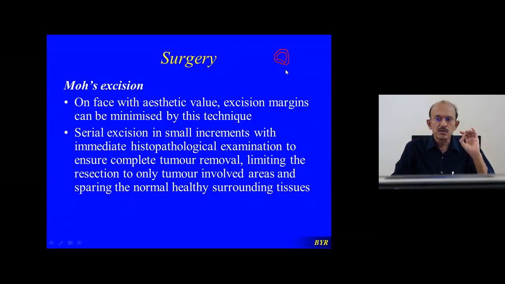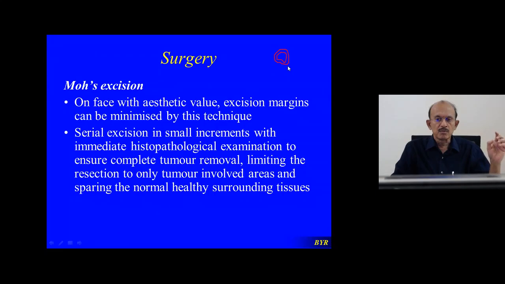If the pathologist gives a report that at 2 o'clock position tumor cells are positive, what does it mean? Again, the patient needs excision. So you again excise another 0.5 centimeters or 0.2 centimeters of the skin margin here and send it again for frozen section biopsy.